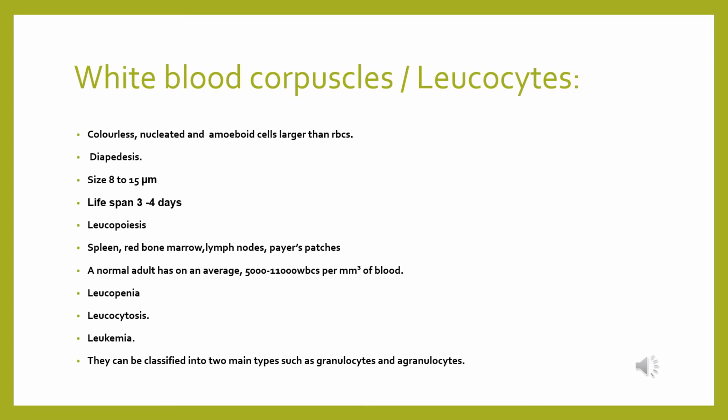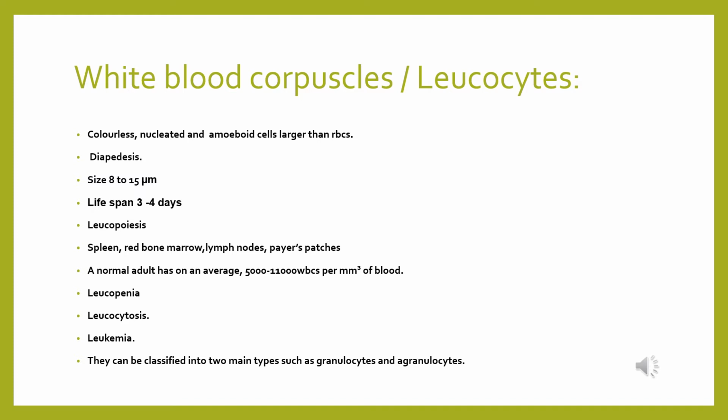Similarly, if there is a temporary, short-period increase in the WBC count, that condition is called leukocytosis. It is mainly found when a female is pregnant, and a higher WBC count is also found in newborn babies, because both of them require high immune power.